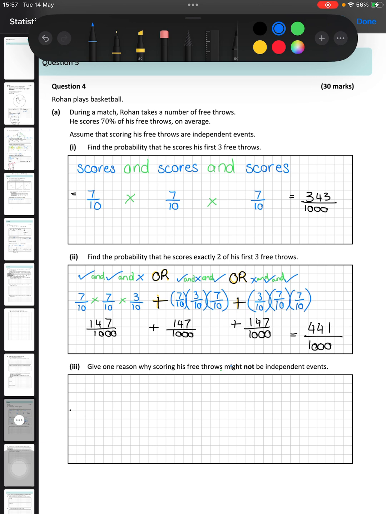Like if you miss a free throw and it's because it went slightly over to the right, then in your next free throw you'll aim it a little bit better. Okay, so previous free throws or previous performance or previous outcomes or anything like that. Okay, so previous outcomes affect future outcomes.